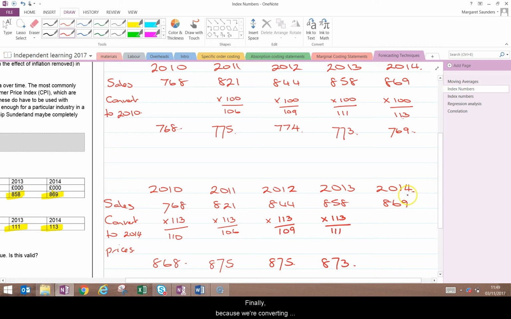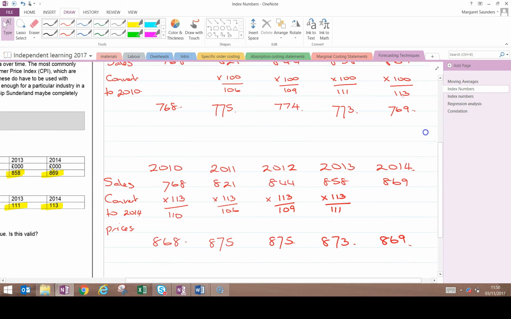And finally, because we're converting them to 2014 prices, 869 is the 2014 price. So what we have done here is, rather than converting them all to 2010, we've converted them all to 2014.